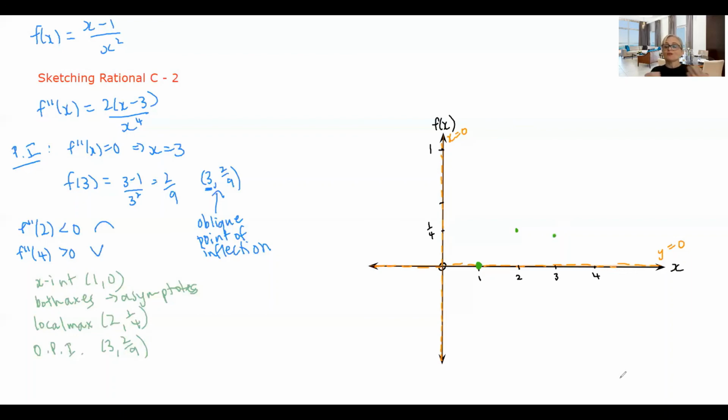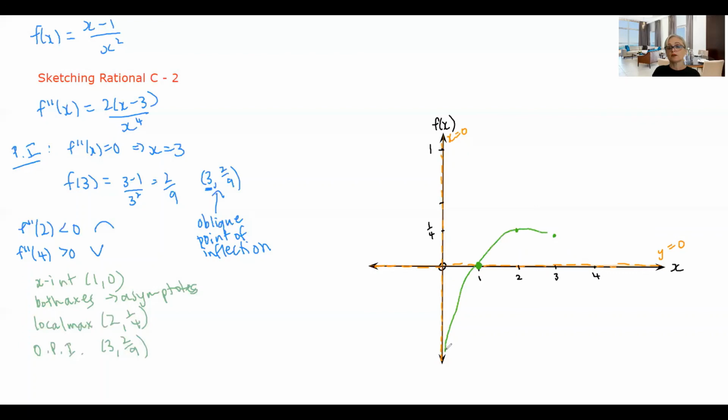Now, how are we going to put all of this information and what's happening as x tends towards 0 from above and below, how are we going to put all that together? Because as we've got there, we've got 2 asymptotes and 3 points. This is where your asymptotic behavior comes in. We know that as we're tending towards 0 from above, f of x is tending towards negative infinity. So we know that this part of the graph is tending towards negative infinity.